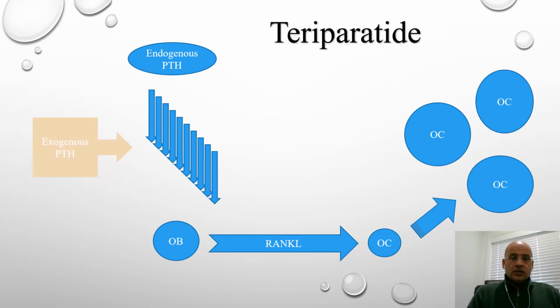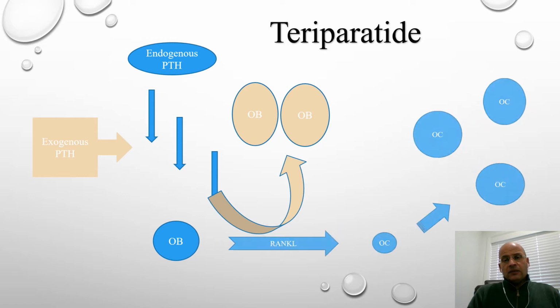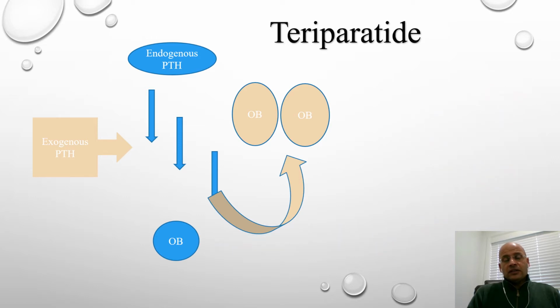However, if you use exogenous PTH in high doses, you'll actually reduce the pulsatility of the endogenous PTH, and subsequently you will stimulate the osteoblast to mature and start doing its job as anabolic cells, and the effect on the RANK ligand stimulation will be diminished.